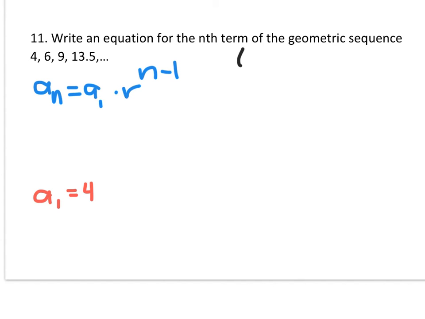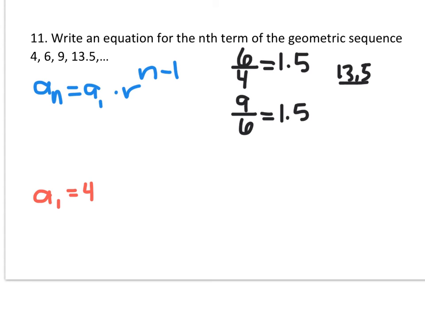If we take the second term divided by the first term, that gives us 1.5. The third term divided by the second term gives us 1.5. So our r is going to be 1.5. Remember, it has to be the same for all of the terms.